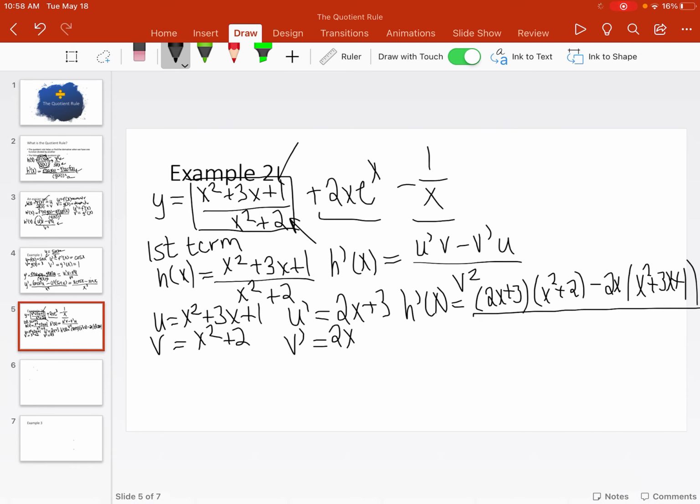And now this whole thing is divided by the denominator squared, so v squared. Well, v is x squared plus 2, and don't forget, we square this whole thing. There we go. We found the derivative of this first term. We're done.